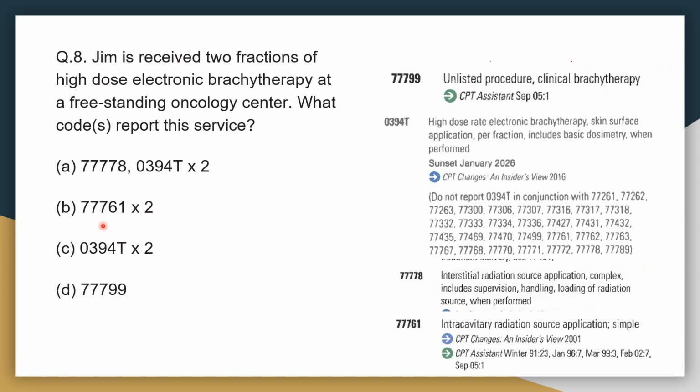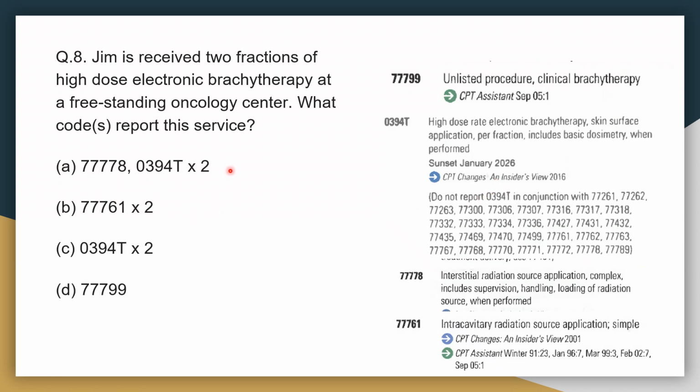And 77761 is the code for intracavity radiation source application. Now, if you look at this particular code, below that there is a parenthetical note that says do not report this code along with this code, because I can see this code here.